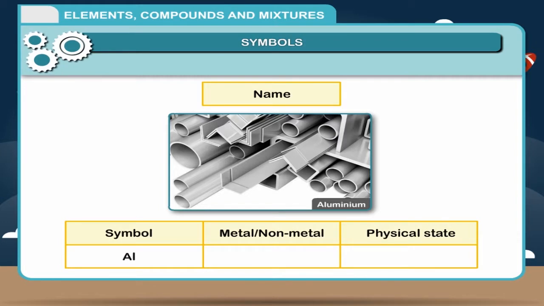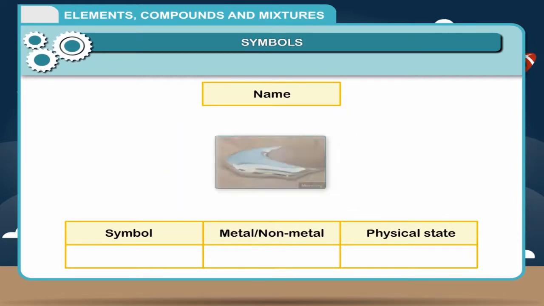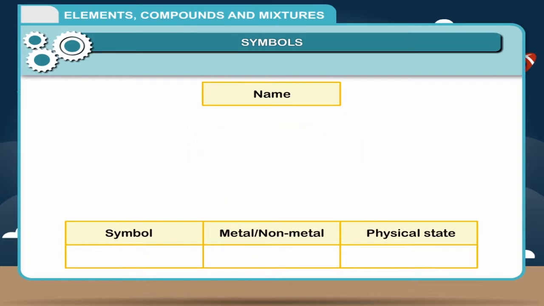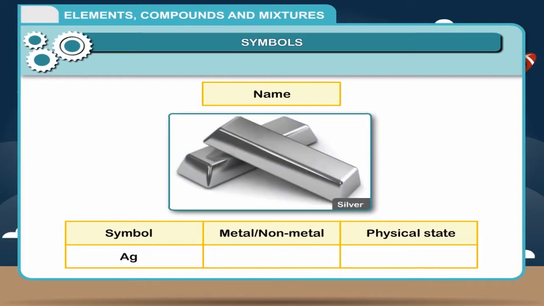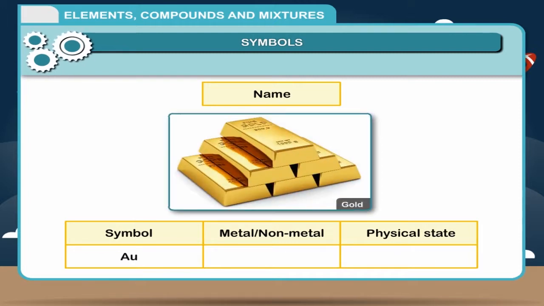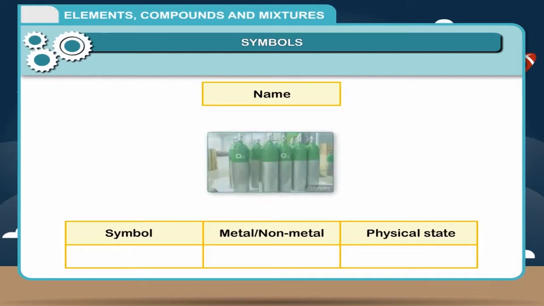Aluminium, Al, metal, solid. Mercury, Hg, metal, liquid. Silver, Ag, metal, solid. Gold, Au, metal, solid.